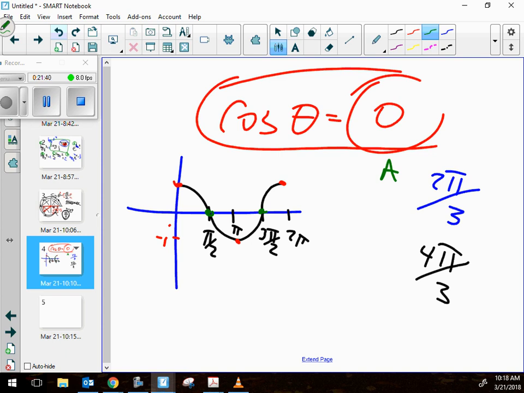I'll remind you, they were things like pi, pi over 2, 3 pi over 2. Those are all the quadrantals, they're called. Those would have been easy questions to answer with the graph.